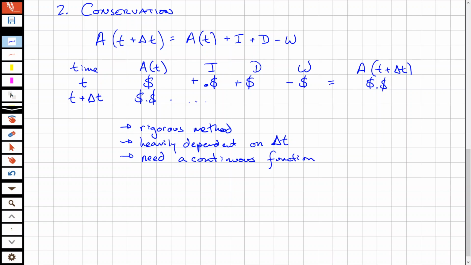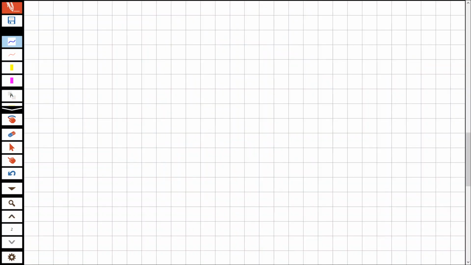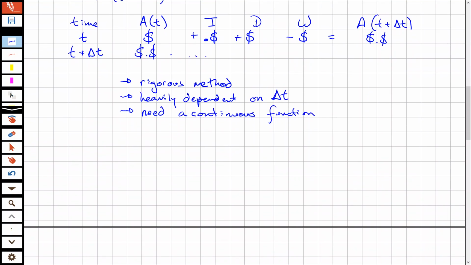We'll go ahead and set that up. Here we go, let's add a page. So step 3, we're going to make variables continuous.